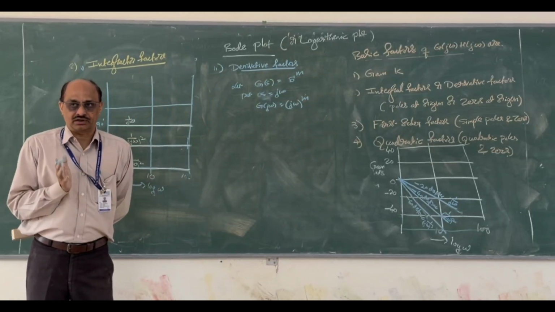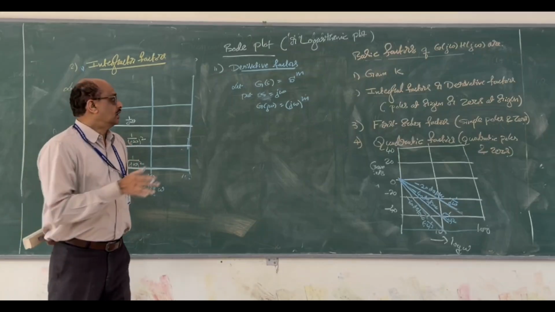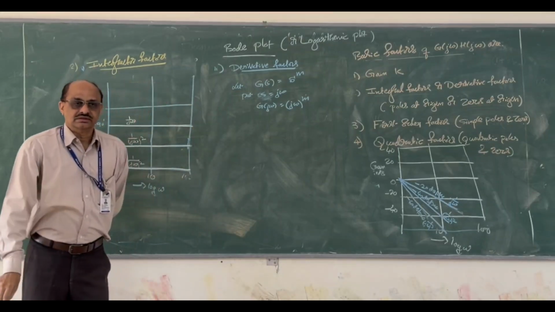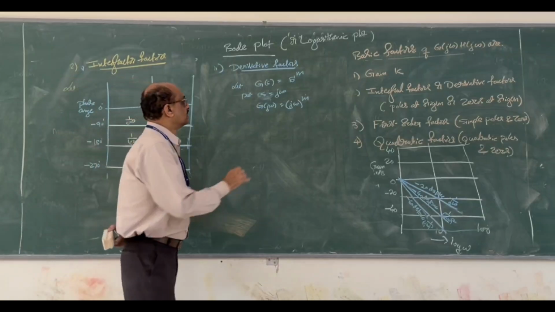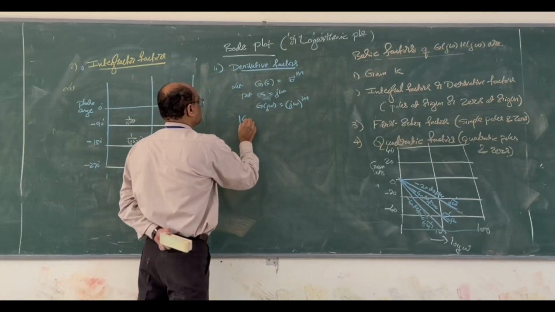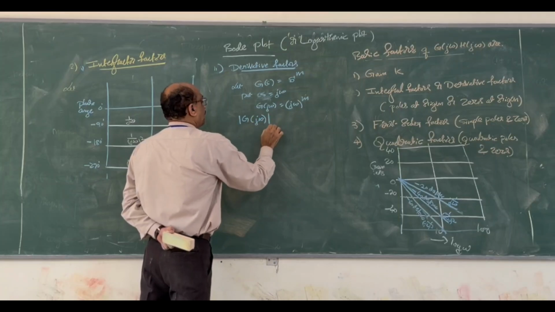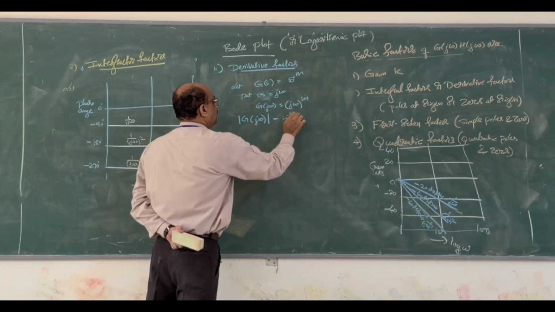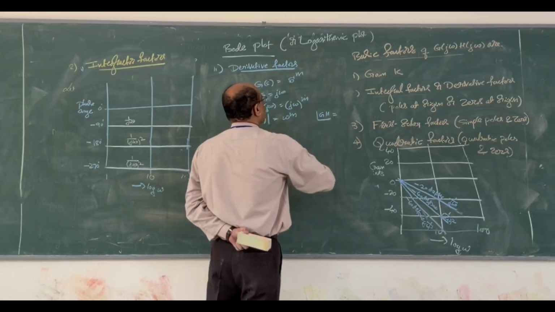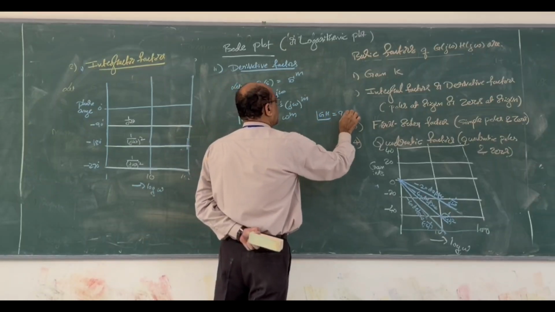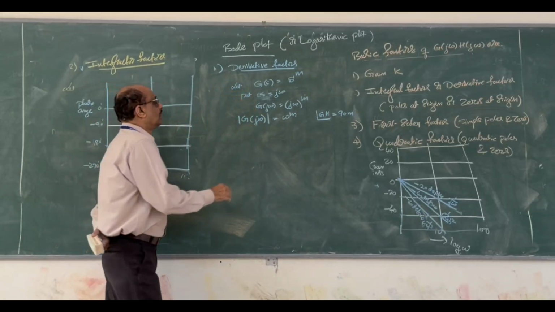So this is one factor. Integral factors may be there, or your zeros may be there. If I have a zero, then it is given by this. So for G of j omega, the magnitude is omega to the power m, and the phase angle of this GH is equal to plus 90 m.